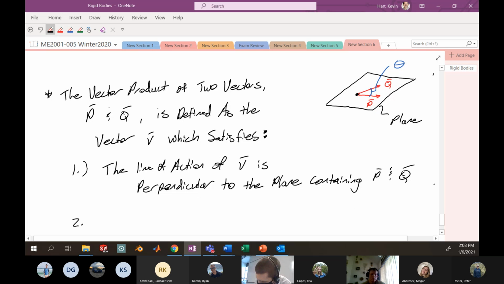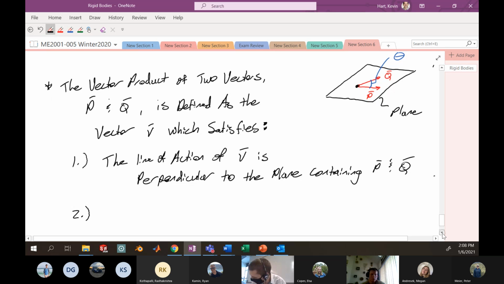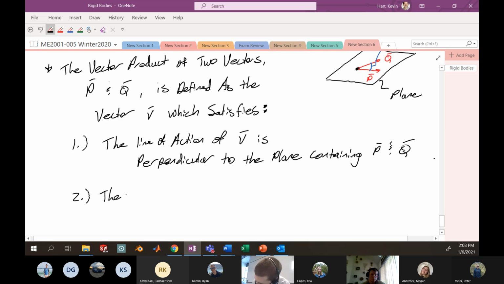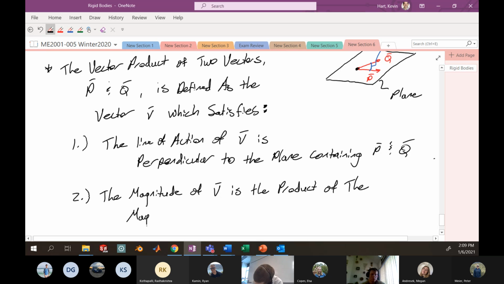Secondly, the magnitude of the vector V is the product of the magnitudes of P and Q and the sine of the angle between them.